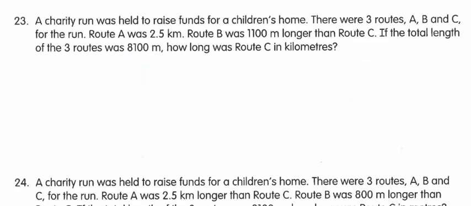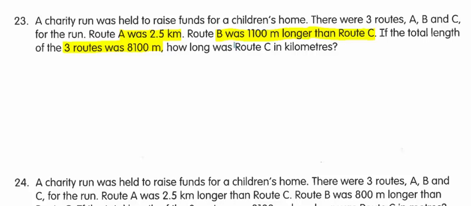Question 23. Charity fund was held to raise funds for a children's home. Okay, so 3 routes, A, B, C. A was 2.5 km. B was 1,100 meters longer than C. Now the total length of the 3 routes is 8100 meters. How long was route C?